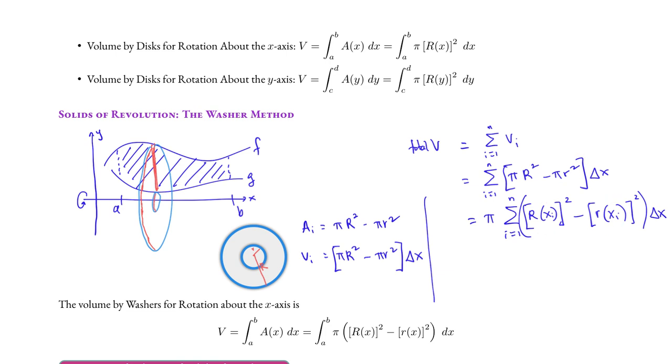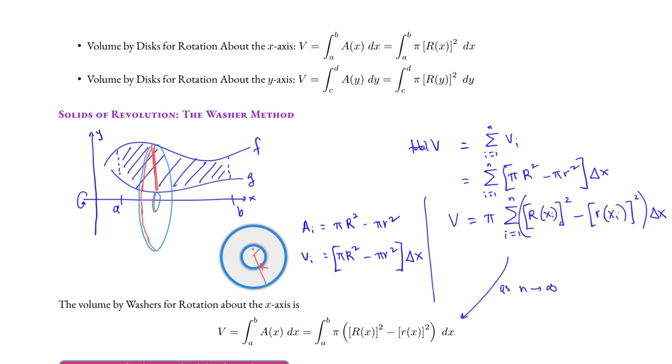They are functions of x because we slice the solids perpendicular to the x-axis. Thus, we obtain the volume as a definite integral as n goes to infinity. It is the definite integral from a to b of pi times the area of the slice, or the annulus, dx.